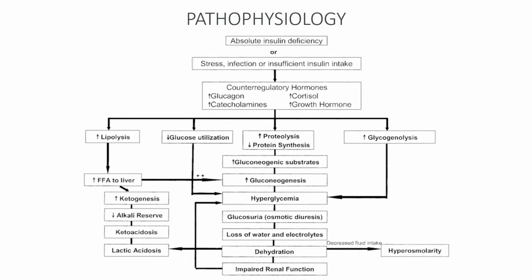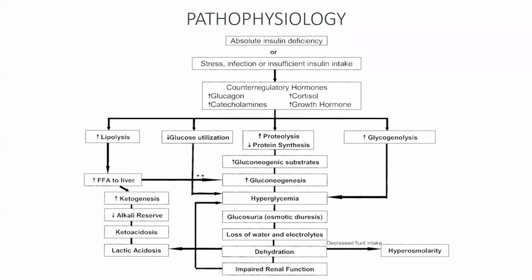So a little bit about the pathophysiology of DKA, like how does DKA happen, right? First, in DKA, there will be absolute insulin deficiency in the body, or there's stress, infection, or insufficient insulin intake.